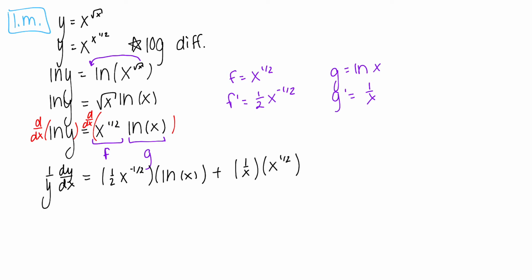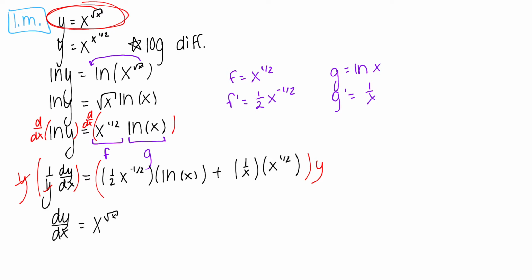Multiplying both sides by y, and y is right here, you get dy dx is equal to x raised to the square root x, so I'm putting the y part first. Then we have 1/2 x to the negative 1/2 ln x plus x to the 1/2 over x.